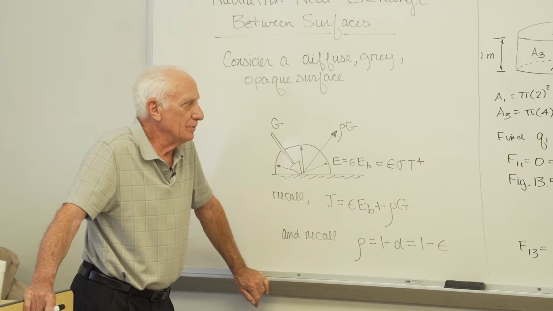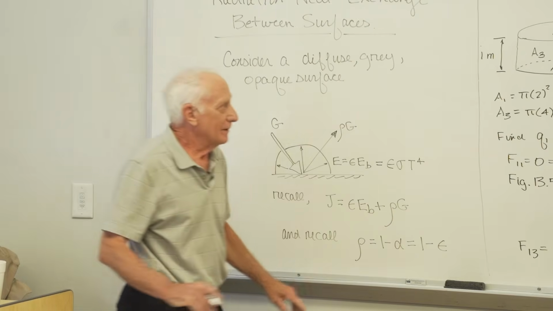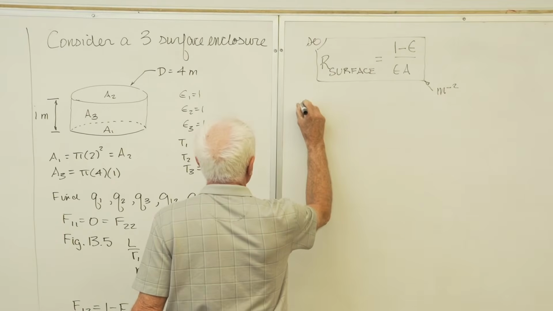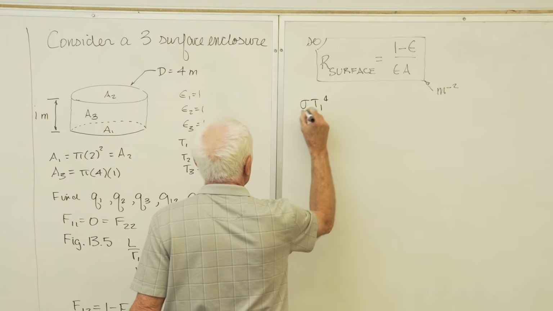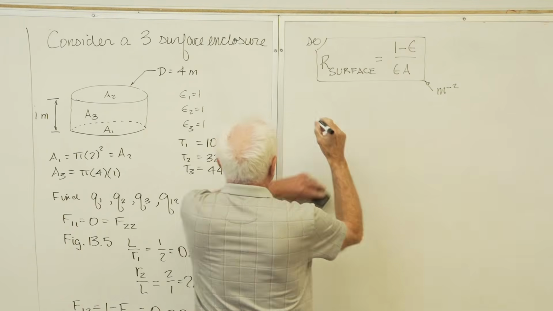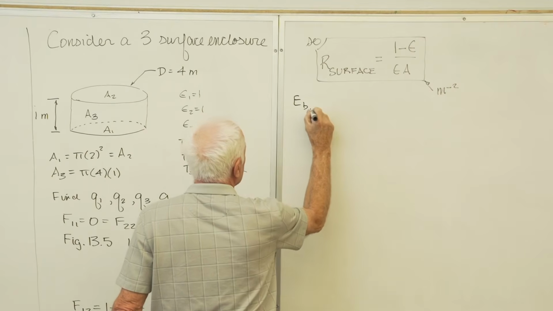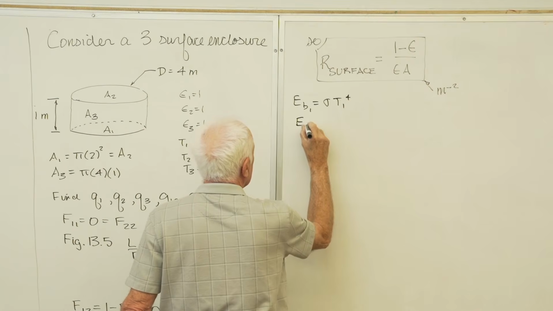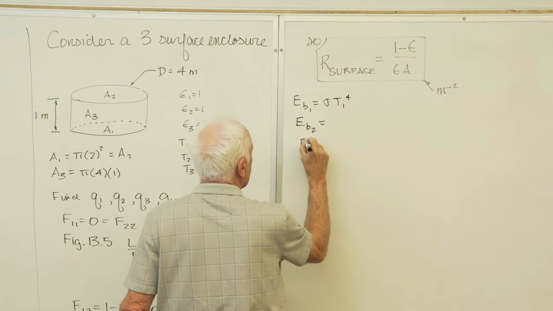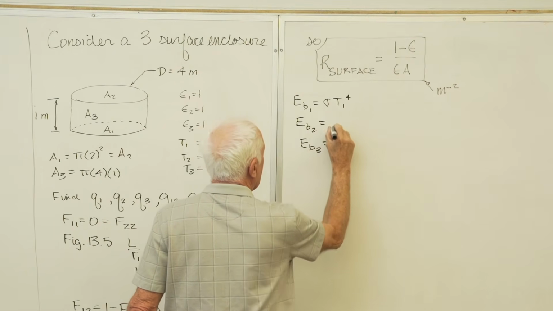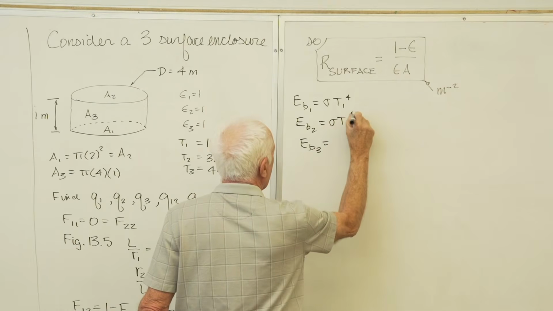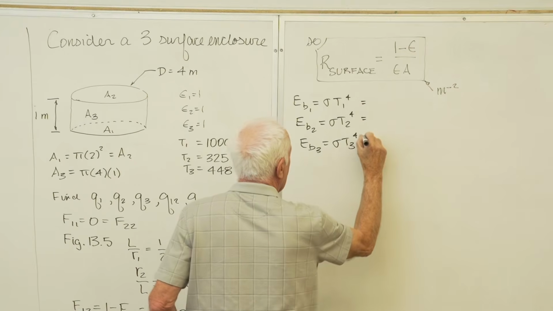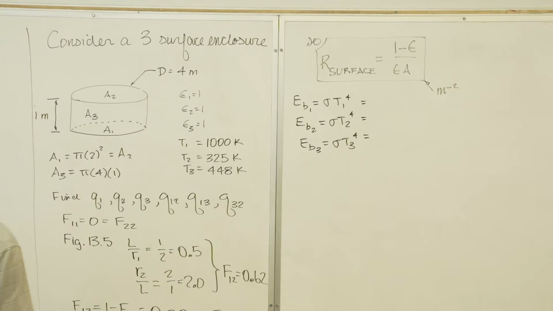Okay, step 2. Now we got all the view factors. Let's go ahead and get what else we need. Sigma T1 to the 4th is EB1. Let's put that down. EB2, EB3. Okay, let's put those 3 down.